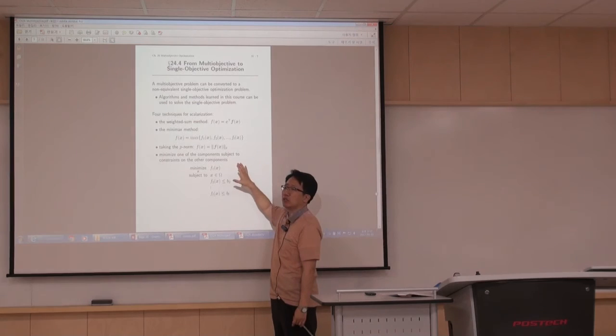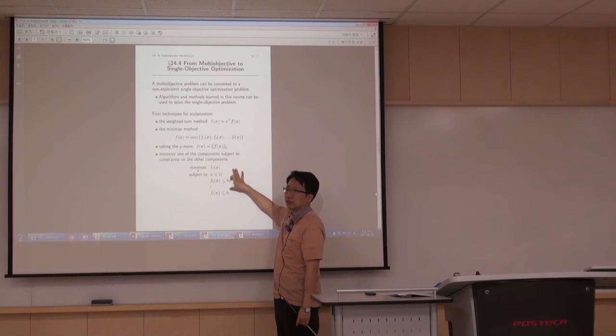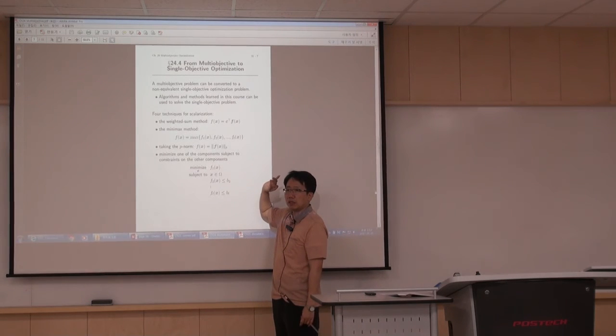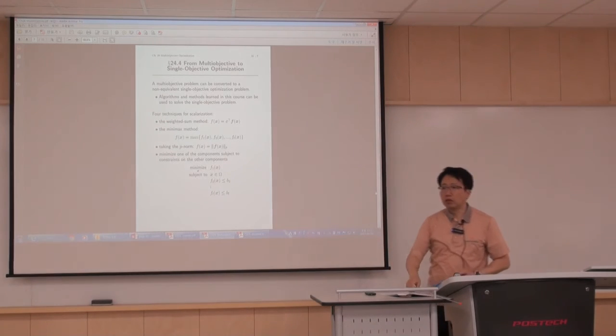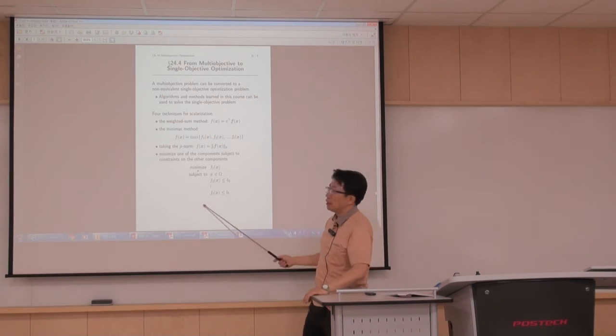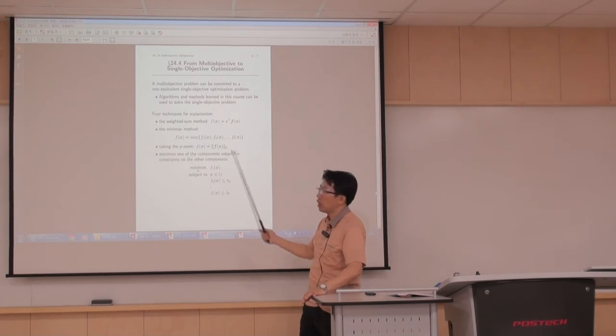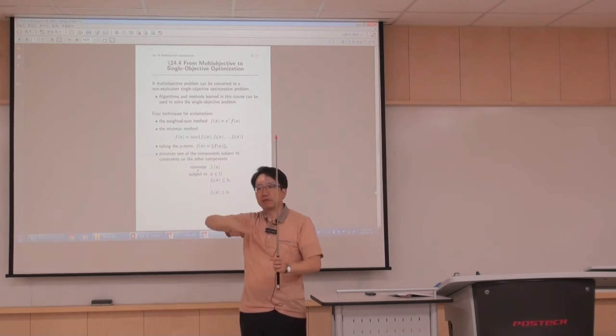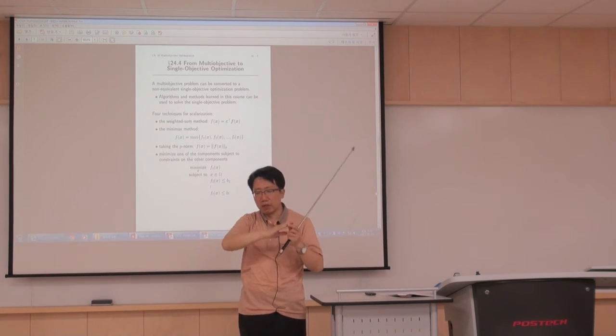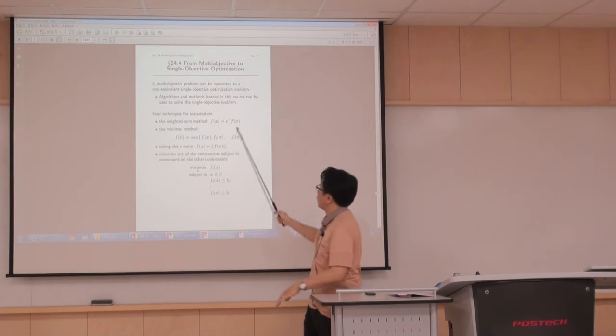Okay? Actually, this is a lot adopted in statistical signal processing and other cases. And also, actually, you can find some relation between this problem and the Pareto optimal front, the problem of finding Pareto optimal points.